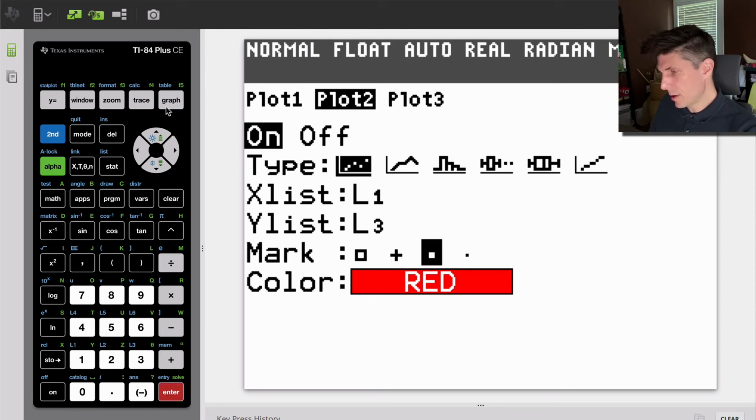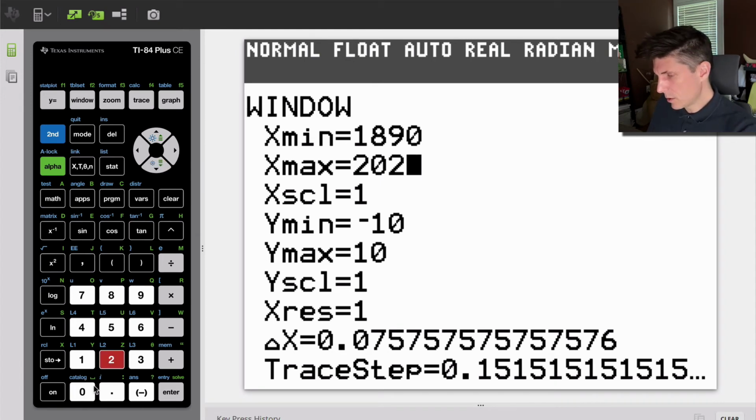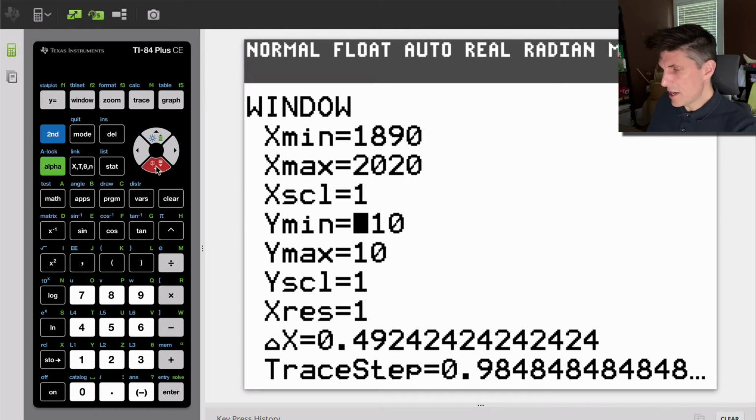All right, cool. And then of course we need to change the window to go from, let's go 1890 again, to 2020. That's our year axis, right? Our time axis. And then the population. It looks like we start close to 0 in Florida. That's weird. Or 500,000. Okay, 0, and then hit me with 25.